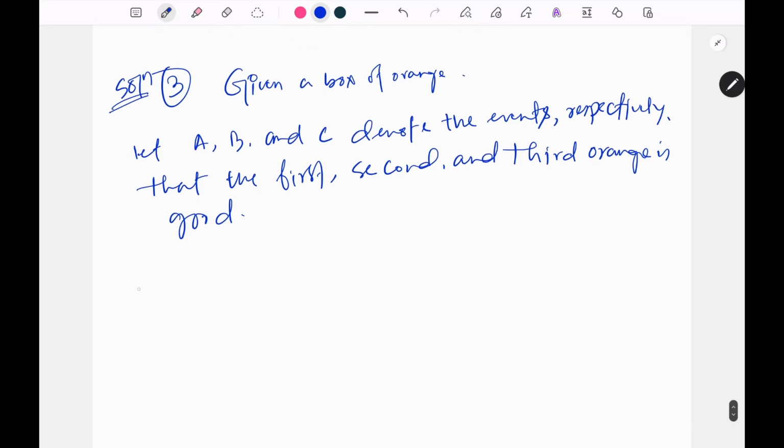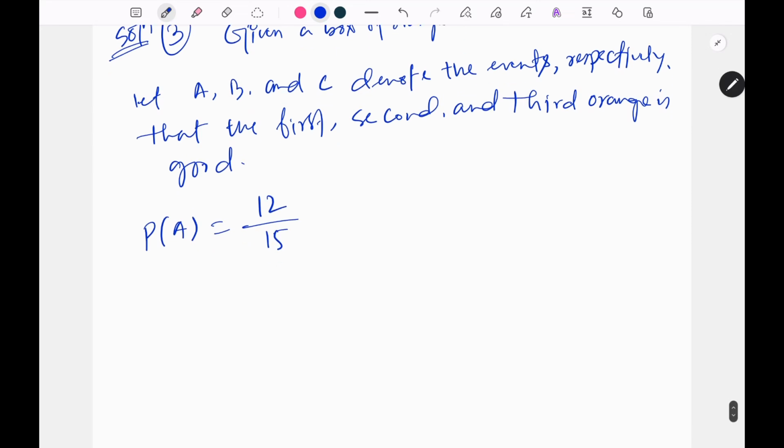Now what will be probability of A? Probability of A means the first orange is good. Now how many oranges are good? It is given in the question that good oranges are 12 and total number of oranges is 15. So probability of A will be 12 by 15.